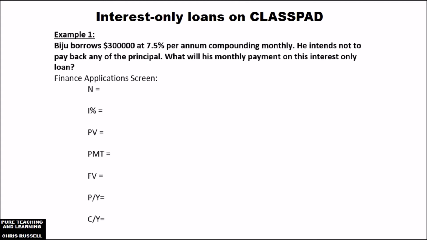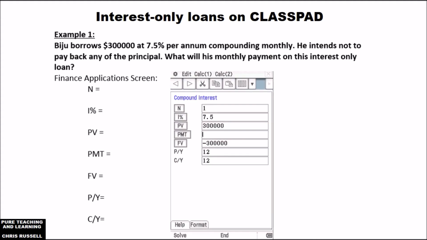So in the first example here, we have Bijou borrows $300,000 at 7.5% per annum compounding monthly. He intends not to pay back any of the principal. What will his monthly payment on this interest-only loan be? So let's go.